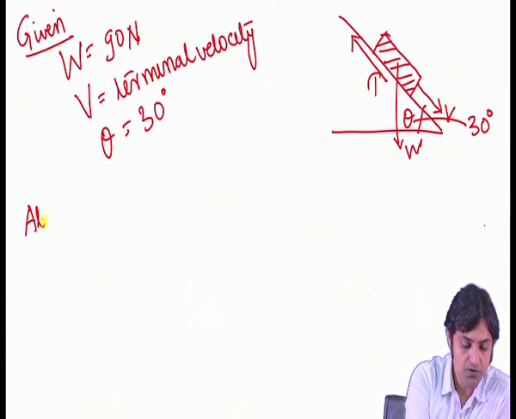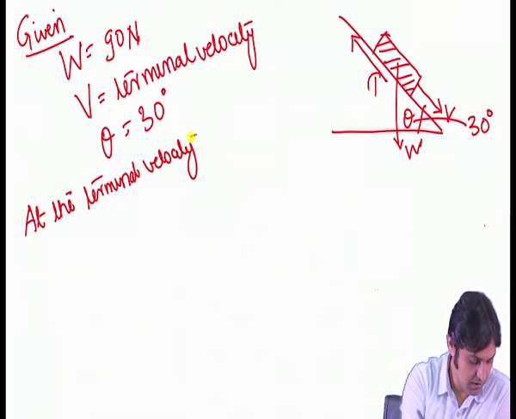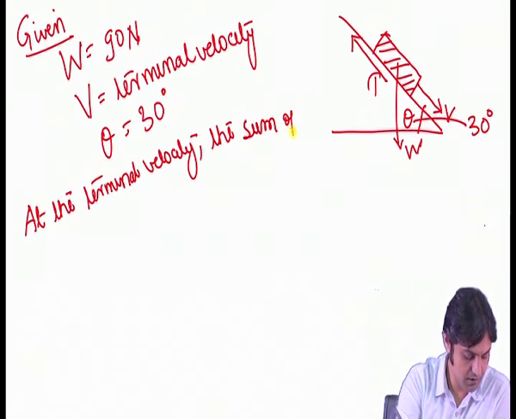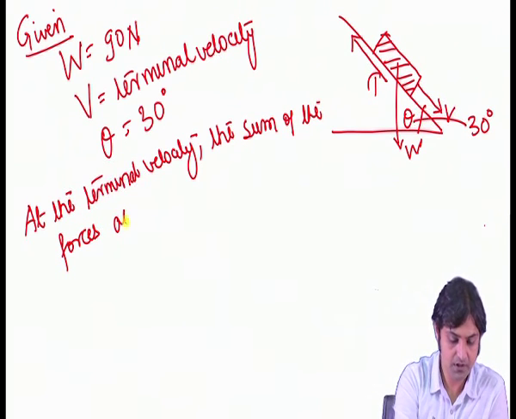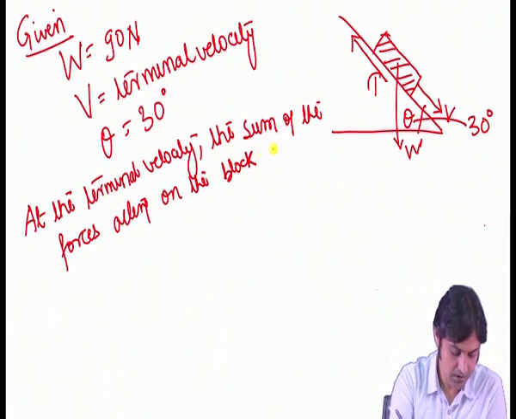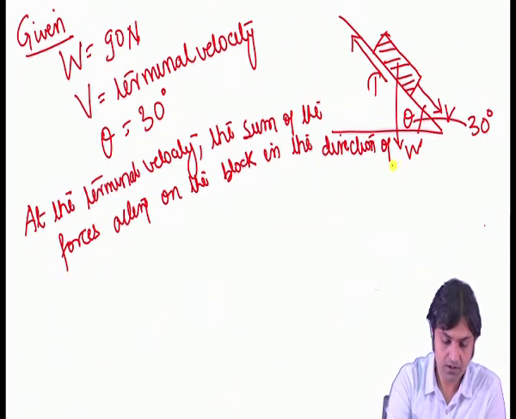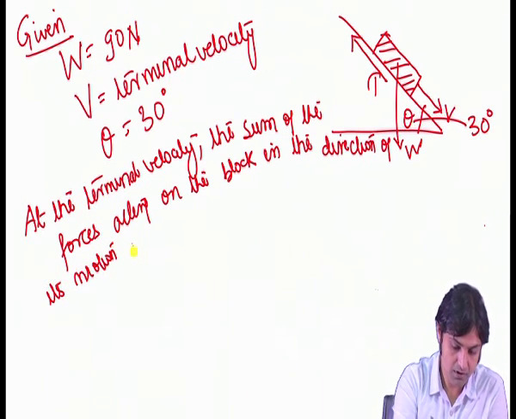Important to note that at the terminal velocity, the sum of the forces acting on the block in the direction of its motion is 0.